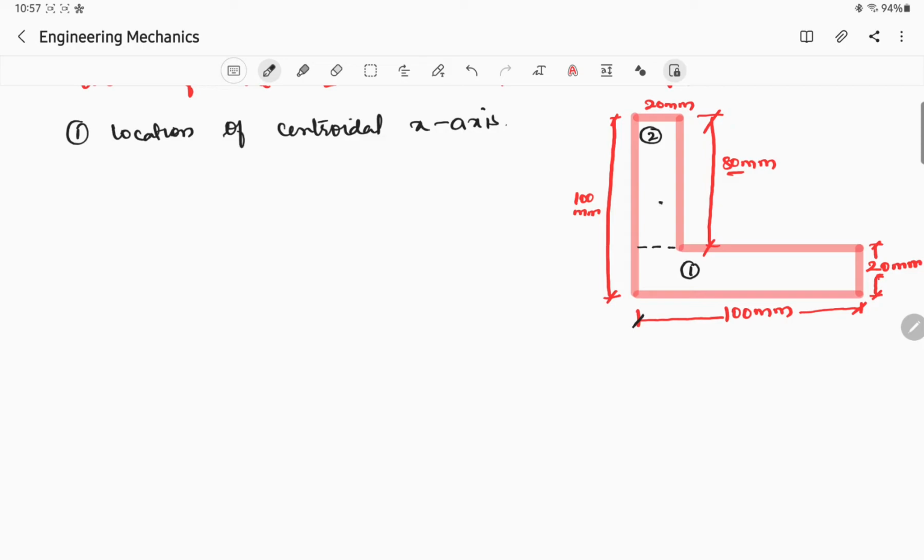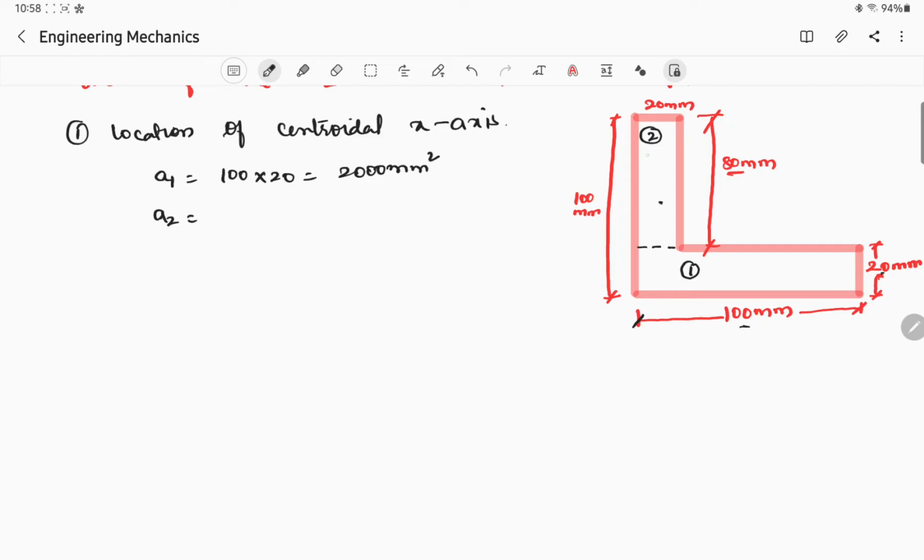We can calculate it by taking individual areas and individual centroids of the figure. First I'll calculate A1. What is A1? The area of the first element, that is, this is 100, right? 100 into 20, which is equal to 2000 mm square.